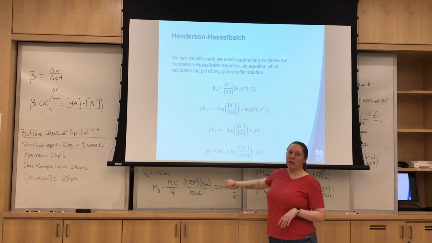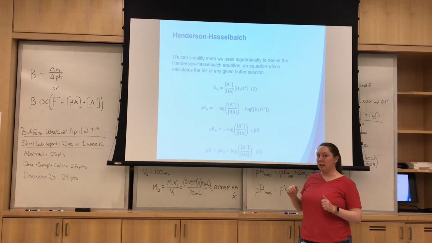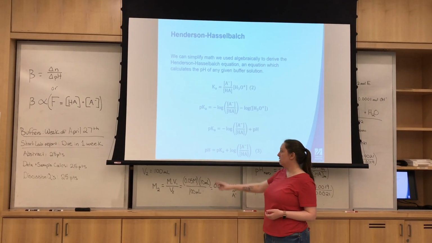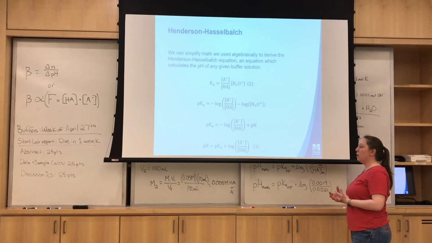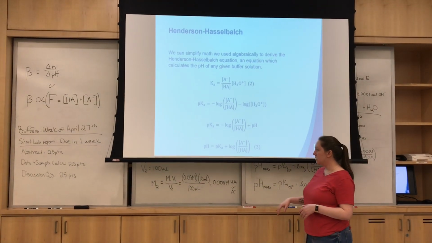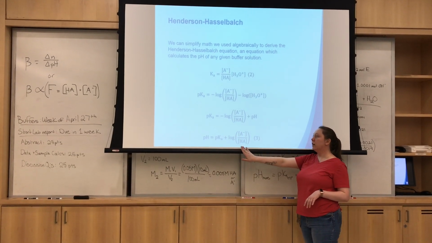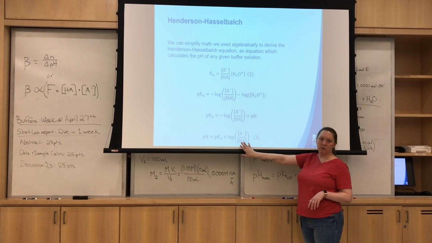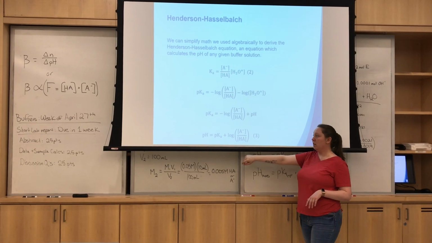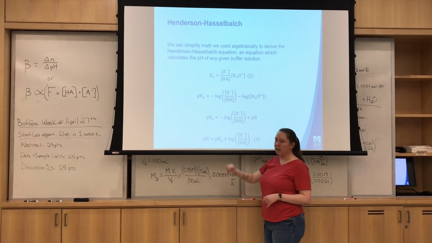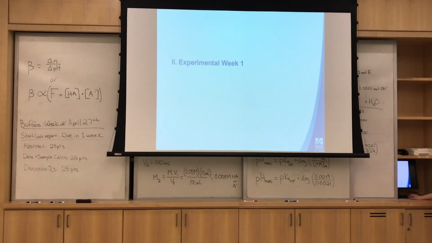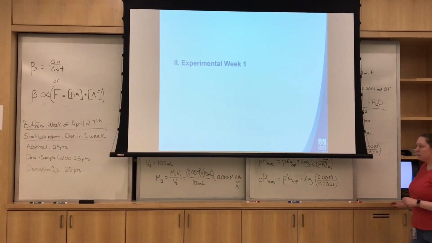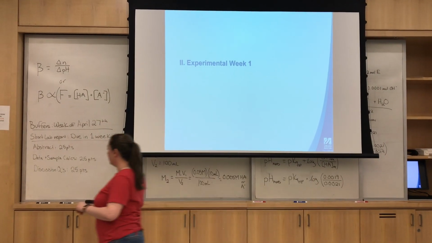We don't know what its pKa is because we don't know what the acid is, but we can measure its pH. So essentially what we are going to be doing today is creating a bunch of diluted concentrations of a buffer system, measuring its pH to find its pKa. Okay, so now we're going to switch to the board.